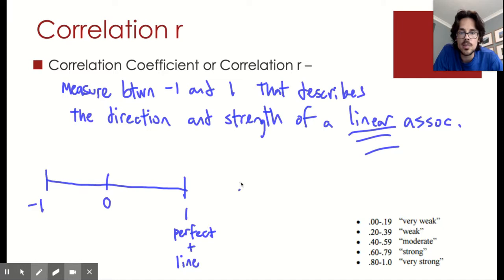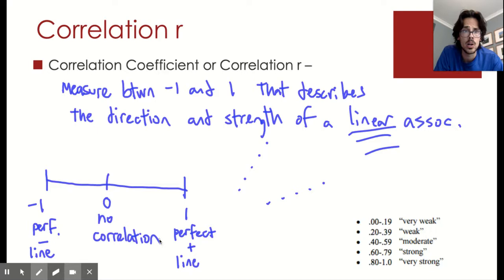It doesn't tell you anything about the slope, so it could be like this, it could be like this, but it's a perfect line and it's positive in direction. And then over here at -1, you'd have a perfect negative line. So again, going downwards perfectly in a line. And if you're absolutely 0 in the middle, that's no correlation at all. So that means your points are a complete scatter would be one way of saying it, just a total mishmash of points. But there are other possibilities that I'll talk about in these slides. And then you could be anywhere in between.